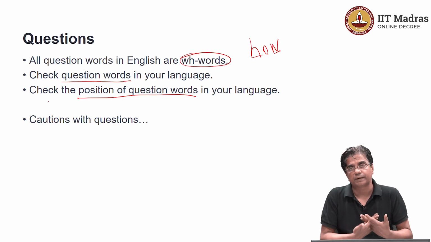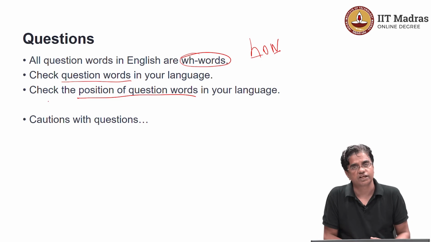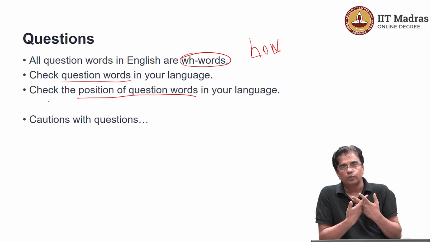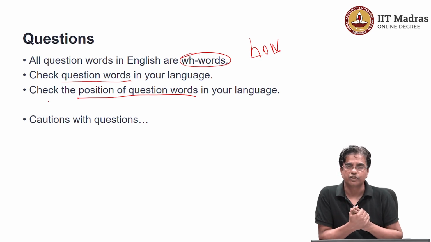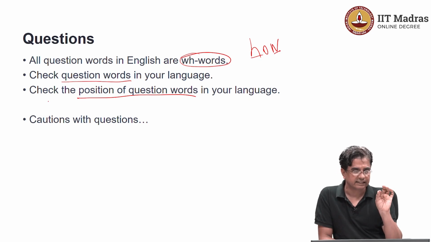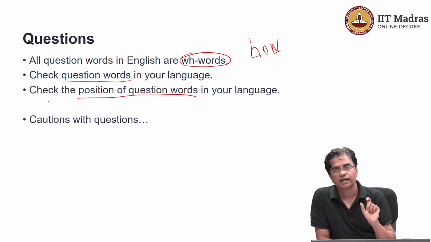This is the kind of pragmatics that we need to train ourselves with. So you only ask questions to get information, and you develop innovative ways of asking questions which do not directly hit the person, or your questions must not sound interrogative, interrogating the other person.